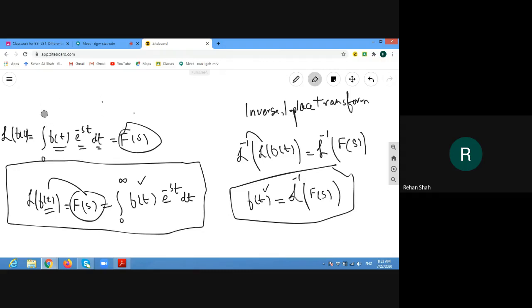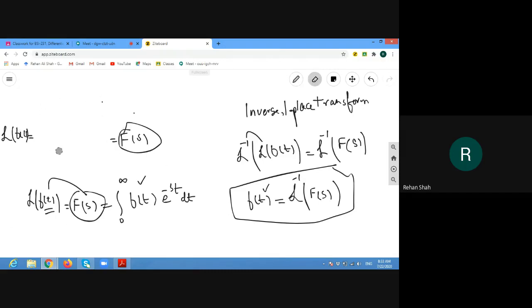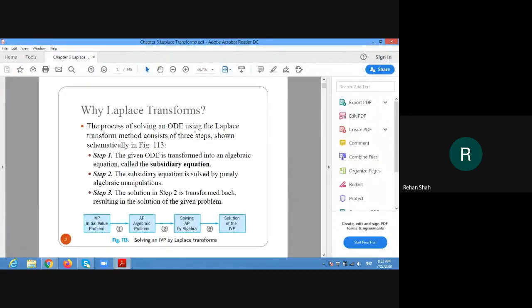So let's read a little theory. I have already explained these things from the slides. The process of solving an ODE using the Laplace transform method consists of 3 steps. The given ODE is transformed into an algebraic equation.